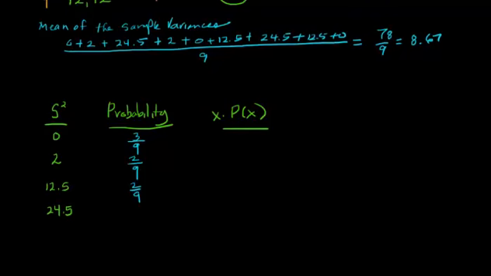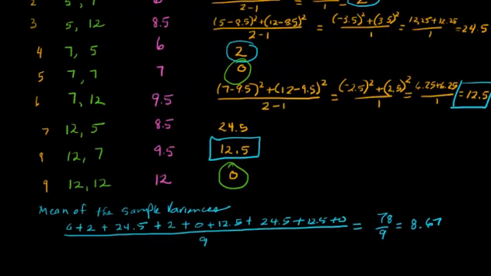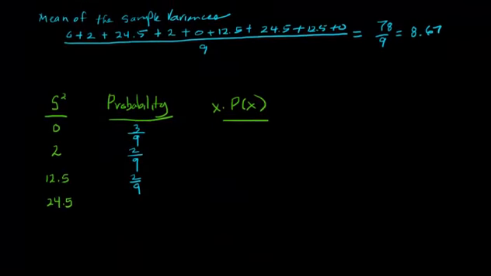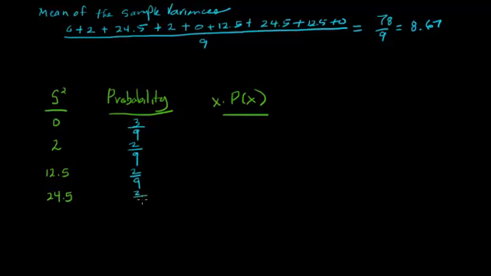And finally 24.5: here's one, and there's one. 2 out of 9. Quick check to be sure we've accounted for all possibilities: 2, 4, 6 plus 3. That's 9 over 9 or 1. Good.